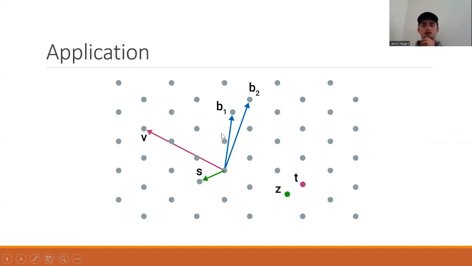But now if you ask that same question with these two vectors, B1 and B2, they also span this entire lattice, but it's a much more difficult question to get to this point. And the bigger point for lattice-based cryptography is that one person will decide, I want to get to T because T is in this lattice, but I'm going to say that the point is Z, which is slightly off from the lattice.